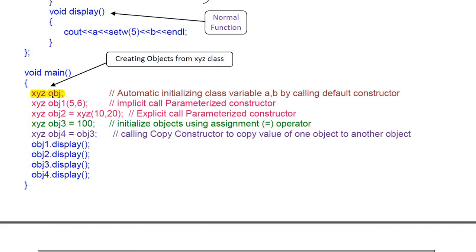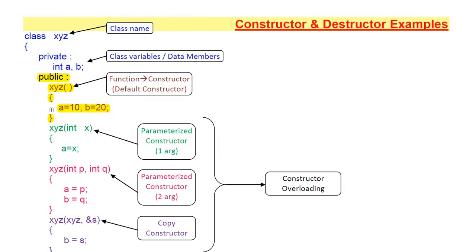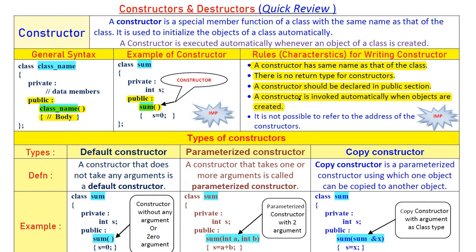In this line we are creating an object from the XYZ class. Then it will automatically call the constructor. When we are creating an object, the computer will automatically call this XYZ constructor. So constructors are invoked automatically when objects are created.